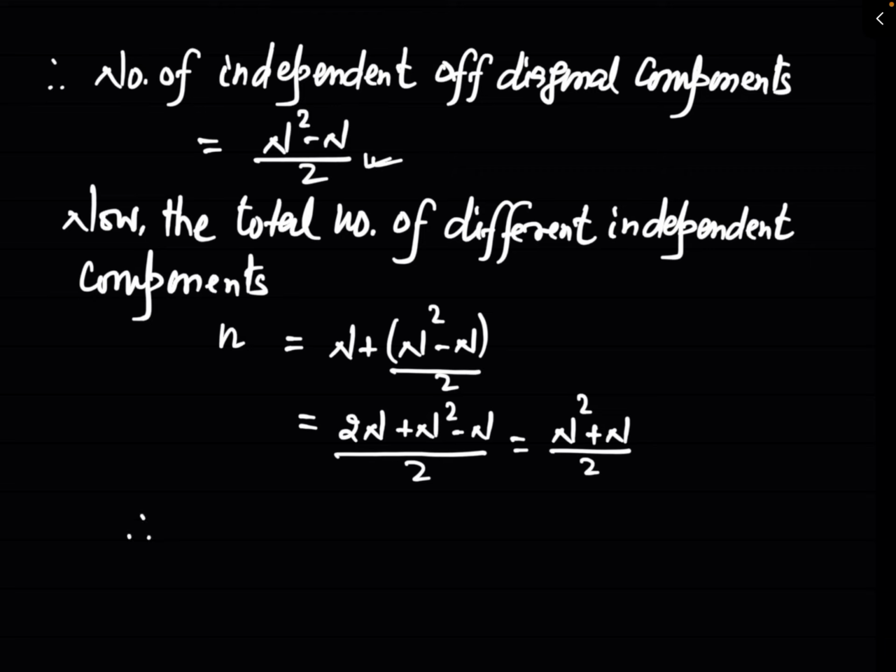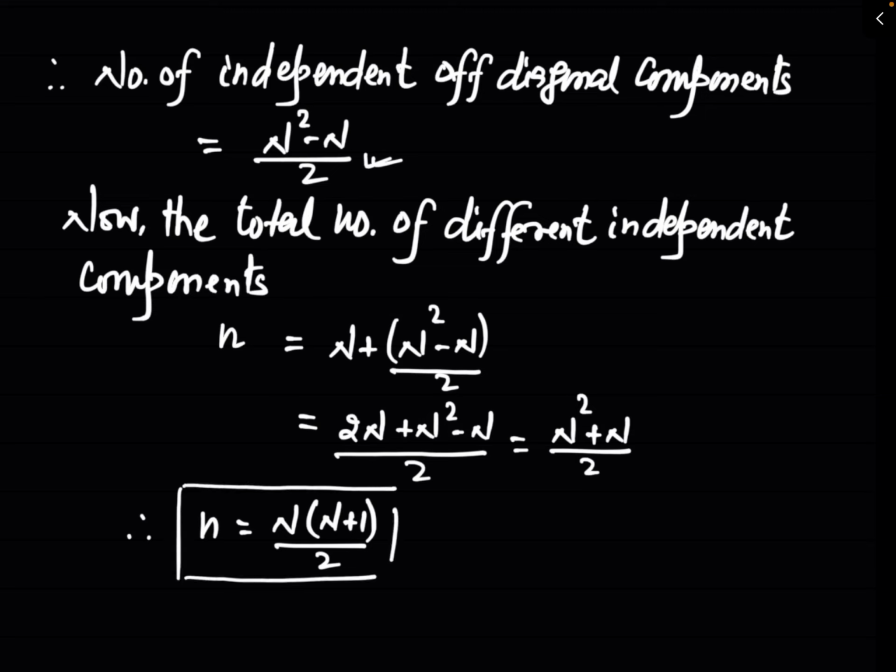Now if you take the n as a common factor, this small n represents the total number of different independent components of this second order tensor in n-dimensional space. So this is n times n plus 1 over 2. And this is the result which we have to prove in this problem, you can see.